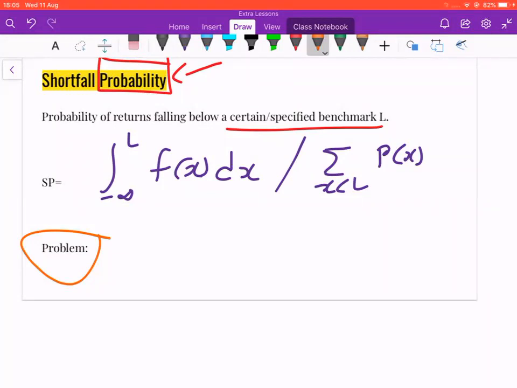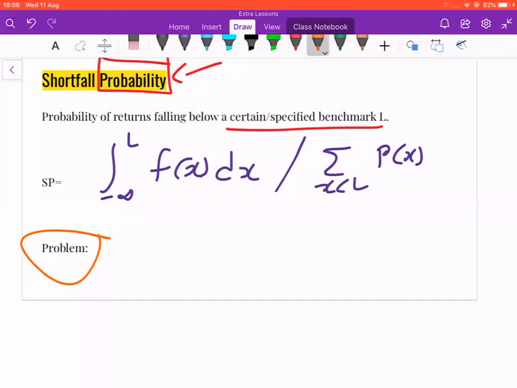So anyway, I am going to teach you expected shortfall right now before I move to VaR. The problem with shortfall probability is that it talks about probability. It doesn't quantify the value. So what if we want to quantify it?